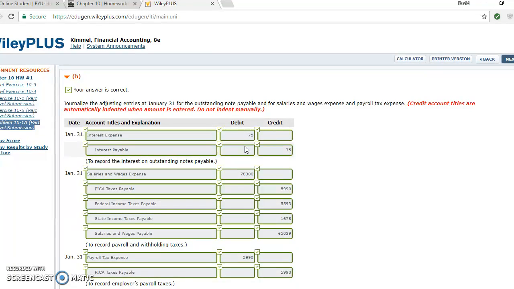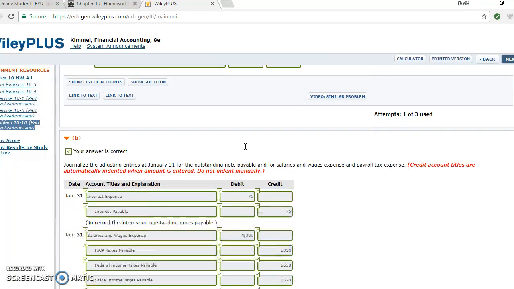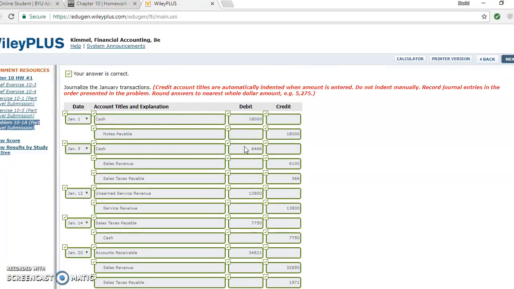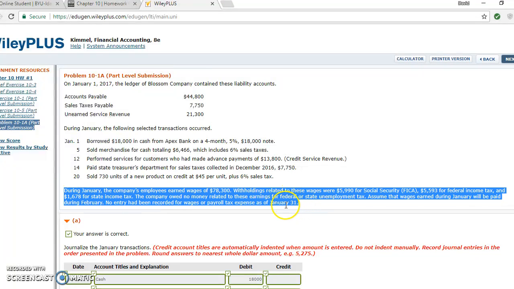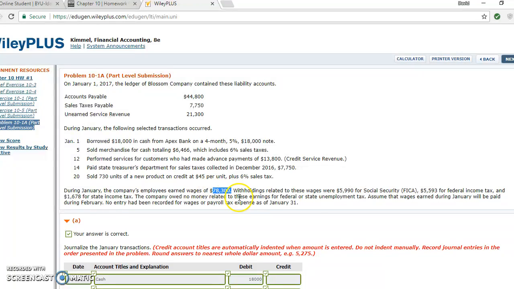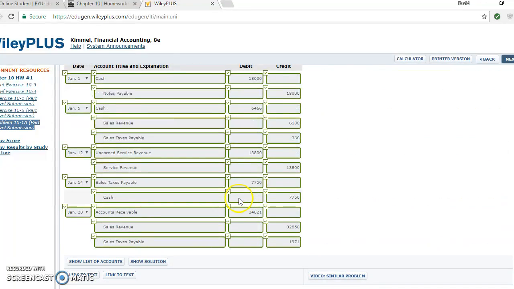And so the salaries and wages expense, we start getting that from this paragraph here, the amounts. And so they had the earned wages of 78,300. And then the withholdings.